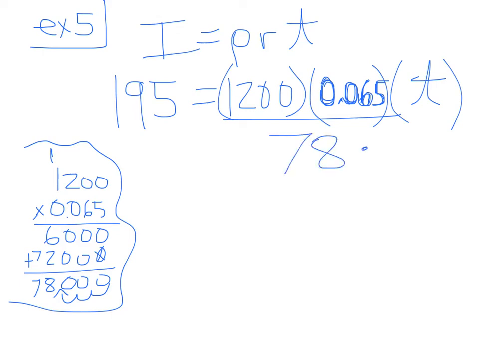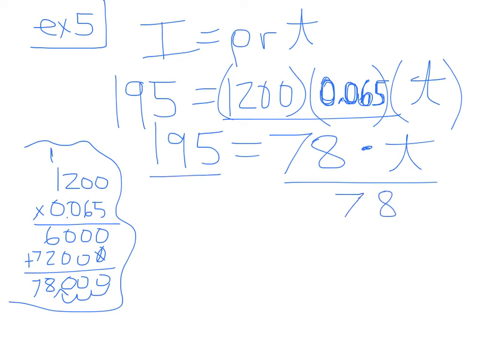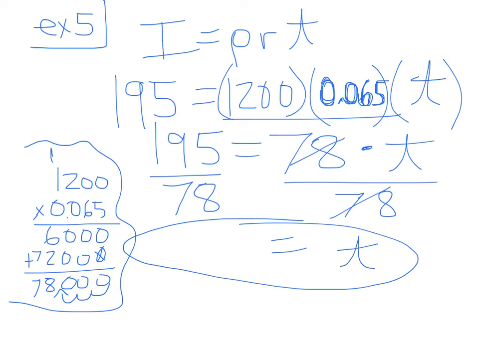So this is 78 times T equals 195. Now how do we solve that? Get T by itself. This is a divide by 78. So let's divide by 78, crosses those out, and T equals basically whatever we get from that right there.